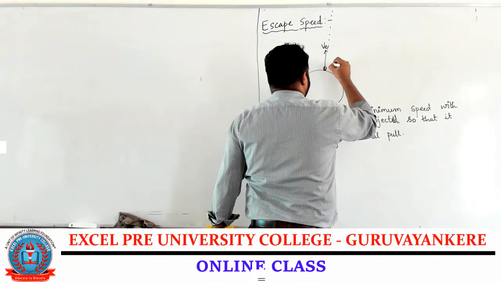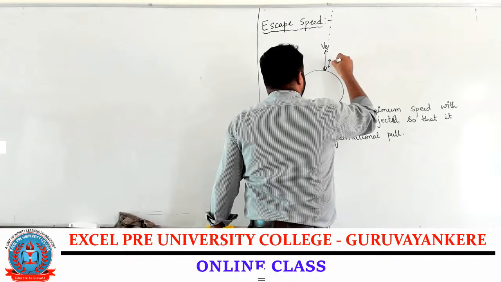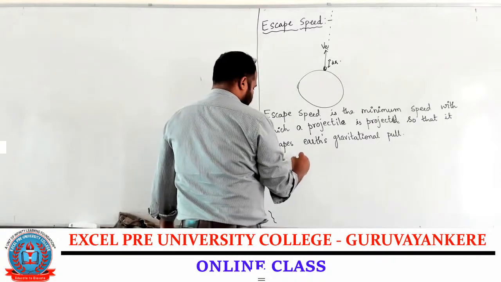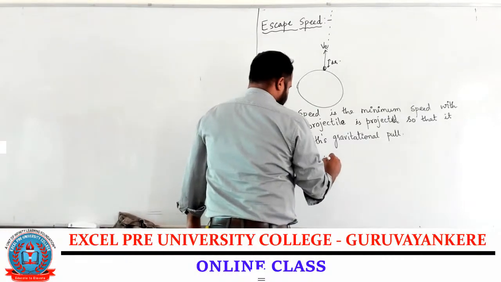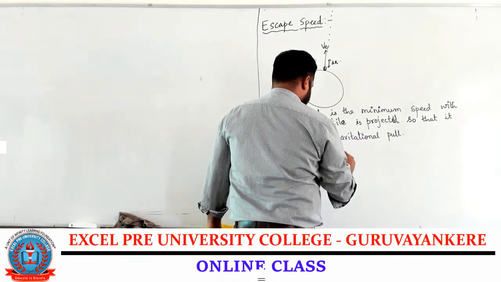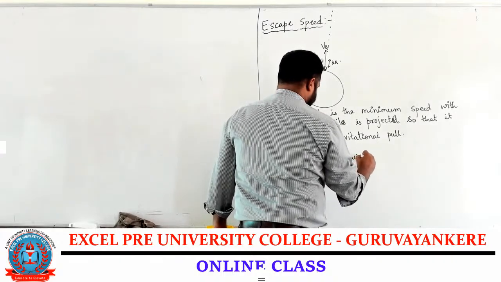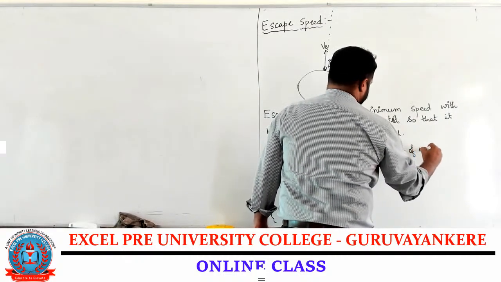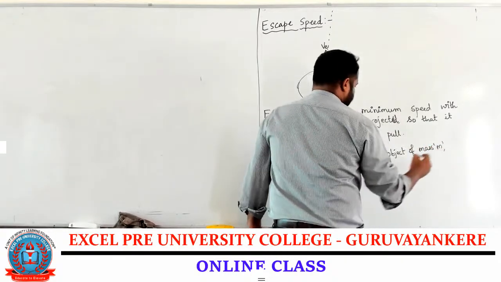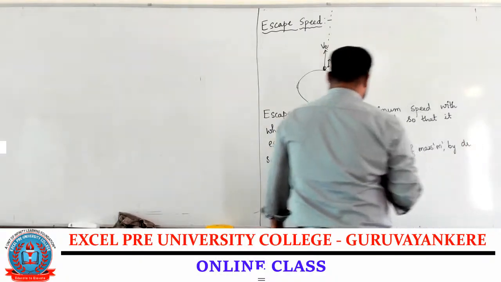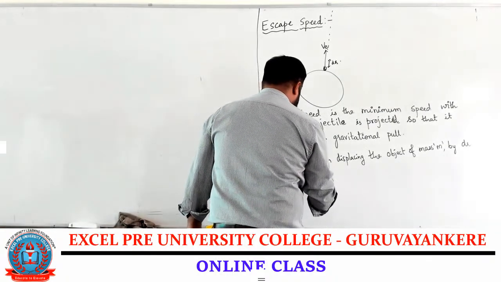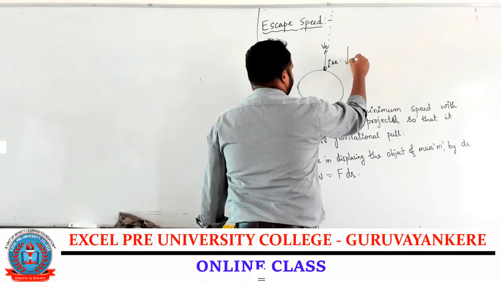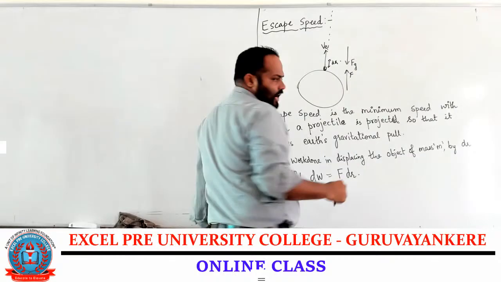See, suppose the object is here and you displace it only by a small distance dr. Then the small work done in displacing the object of mass m by dr is dW equal to F into dr. But if the gravitational force is acting this way, the external force acts in the opposite direction.